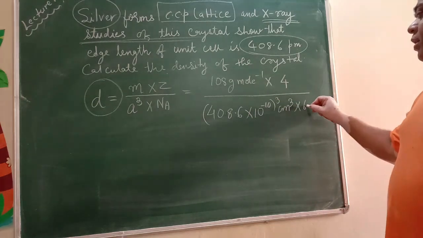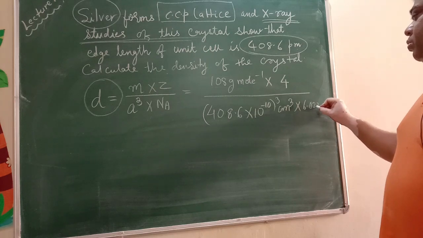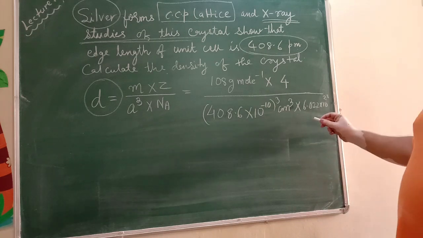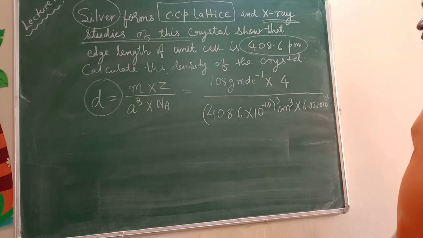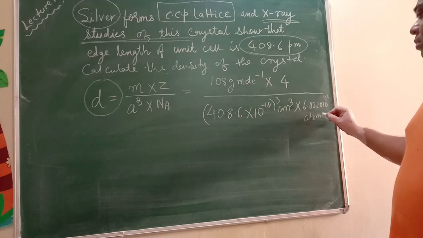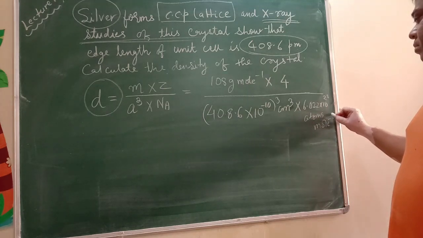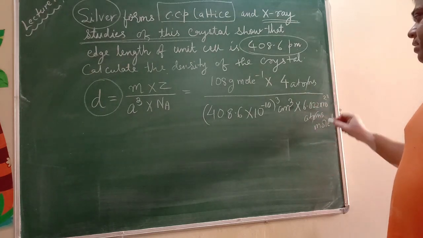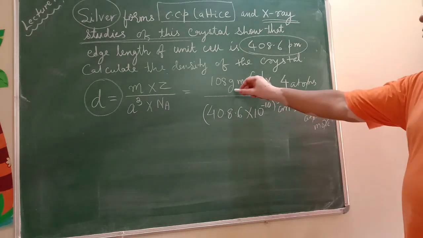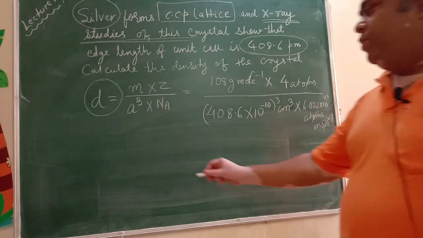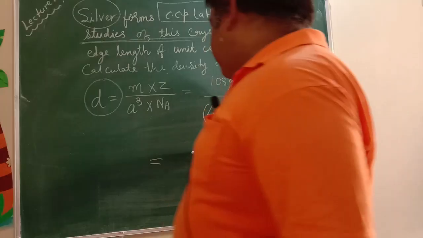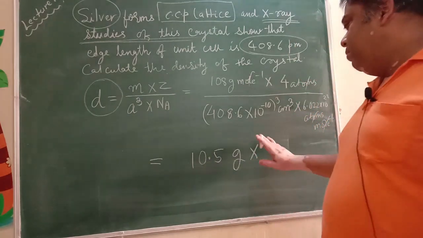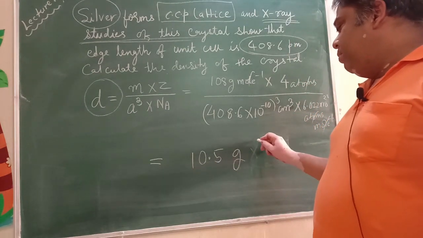And Avogadro number 6.022 into 10 to the power 23 atoms per mole. So this is also atoms, 4 atoms. Atoms cancel, per mole cancel. So we'll be getting the value in terms of gram per centimeter cube. So we can calculate this value, and this value will come 10.5 gram per centimeter cube.